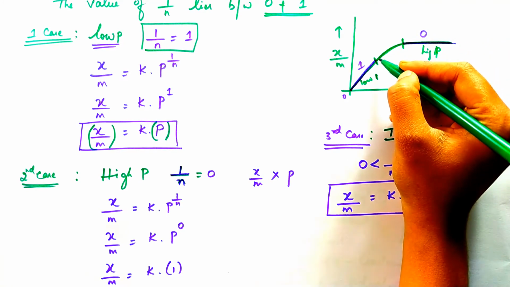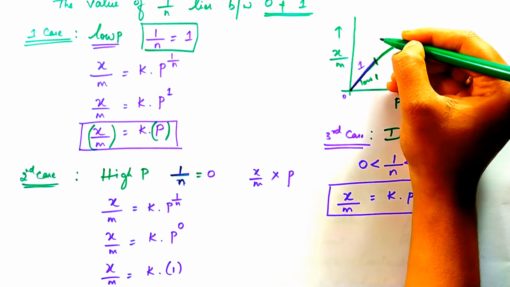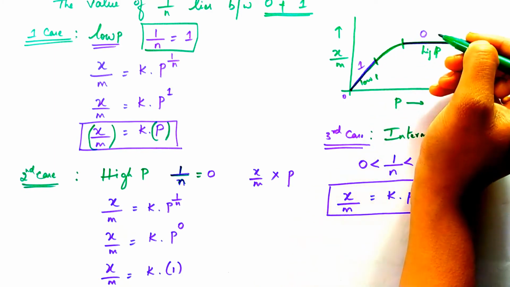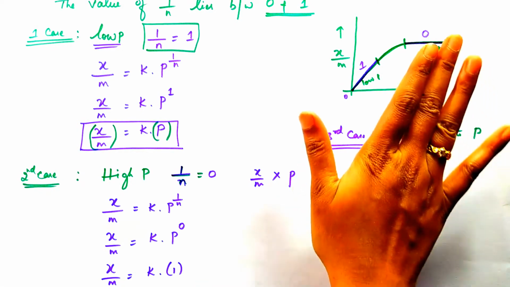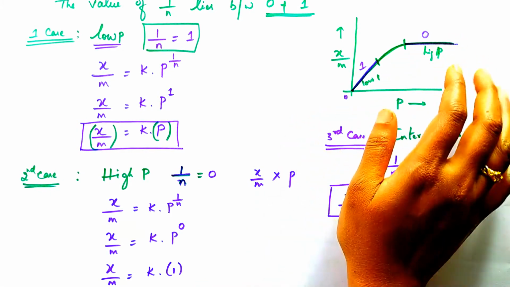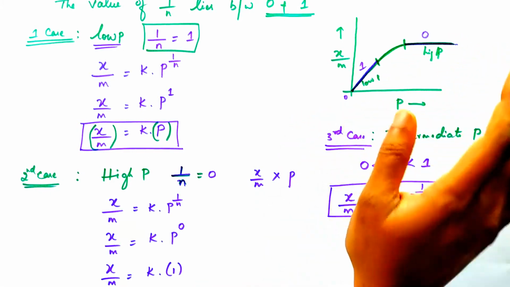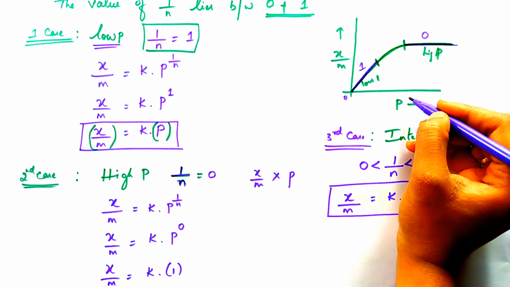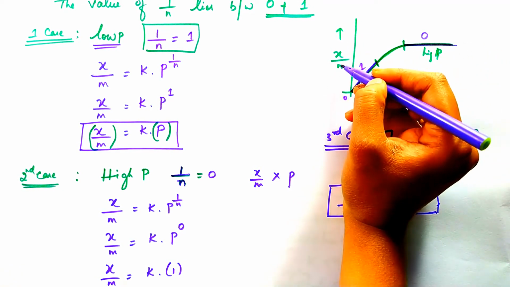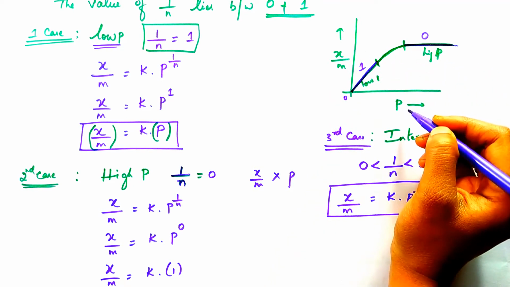In intermediate pressure, you can observe the curve traveling. These are the 3 cases which we are going to study in the Freundlich adsorption isotherm graph. This is one kind of graph at constant temperature. The extent of adsorption varies with pressure.